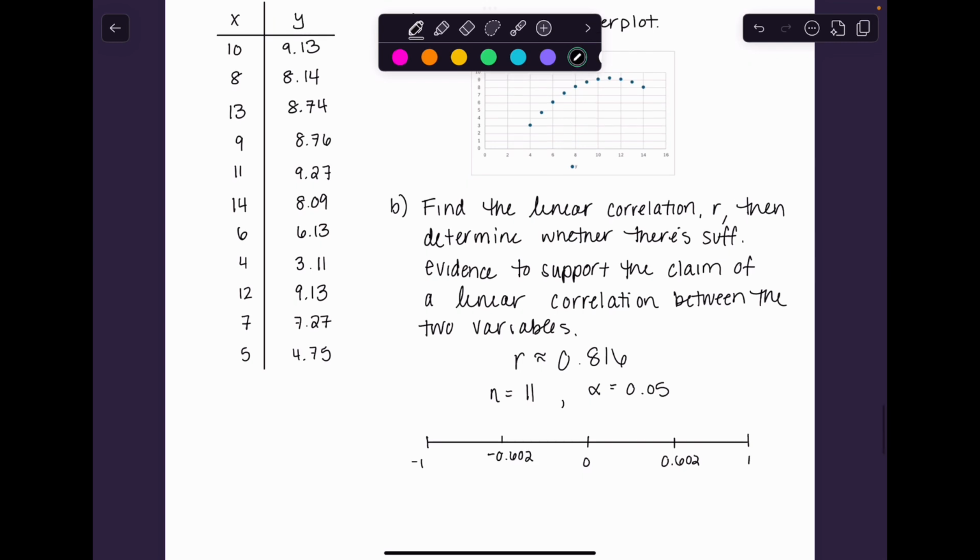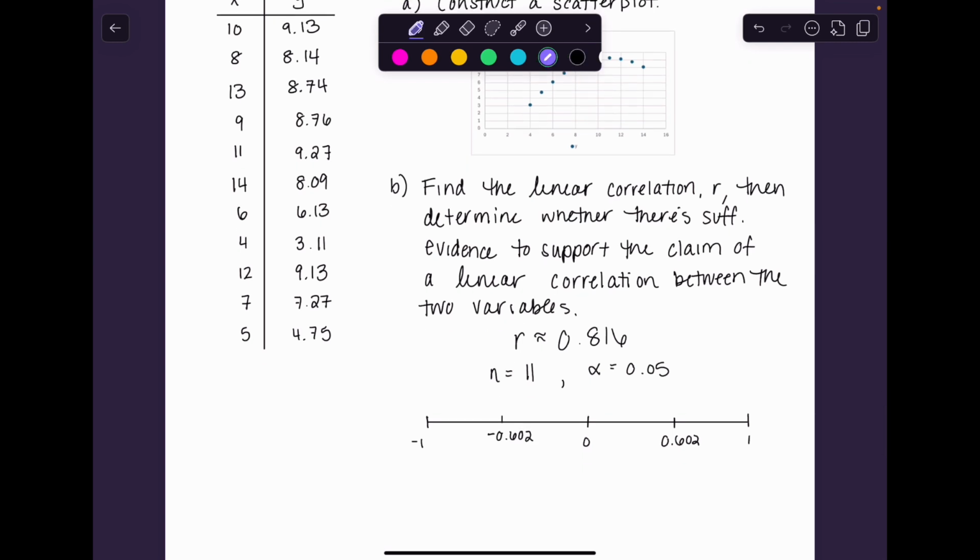And if I look at where my value of R falls, that's 0.816. That is right here.